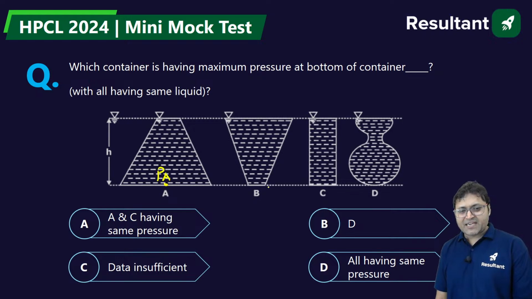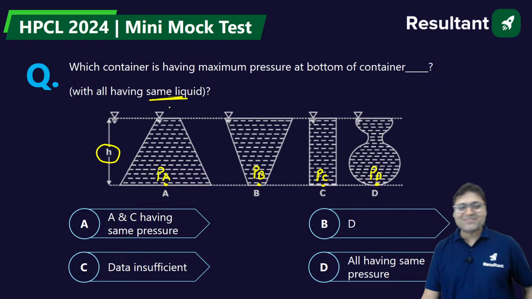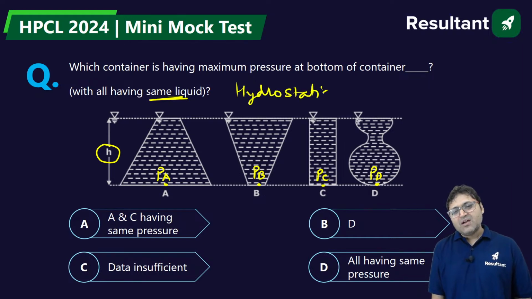PA will be the pressure at the bottom of A. PB will be the pressure at the bottom of B. PC will be the pressure at the bottom of C. And PD is the pressure at the bottom of D. If they are having the same liquid and the height of the liquid is the same, according to hydrostatic law, what is hydrostatic law?